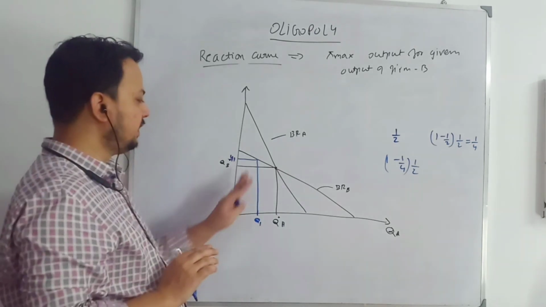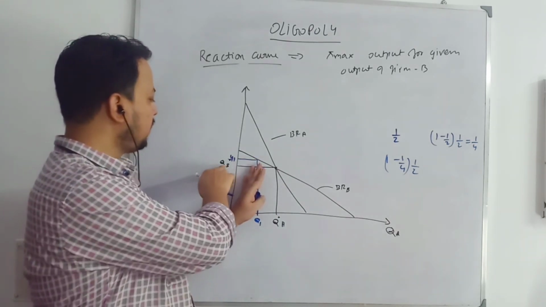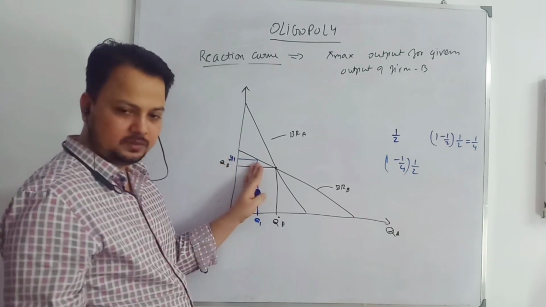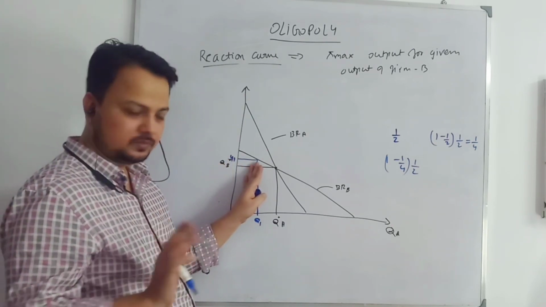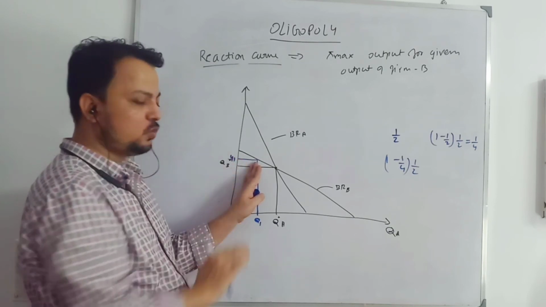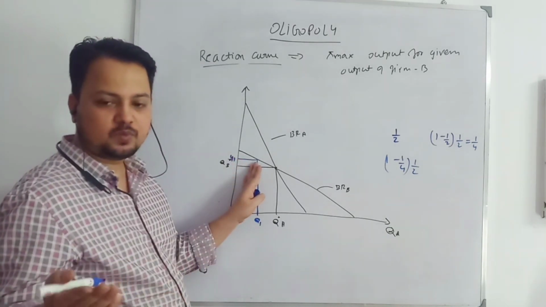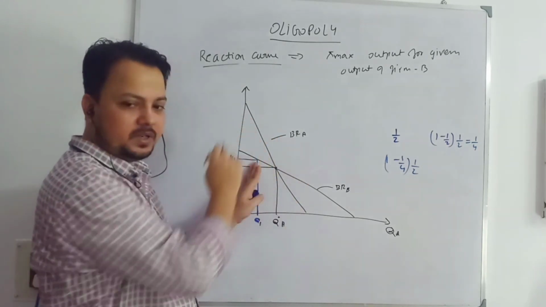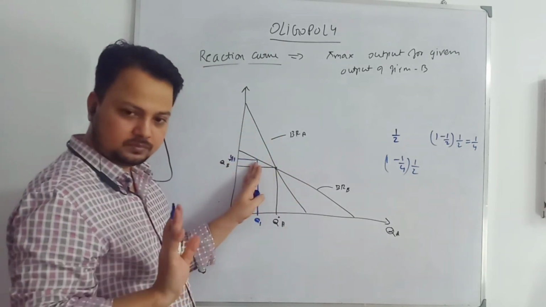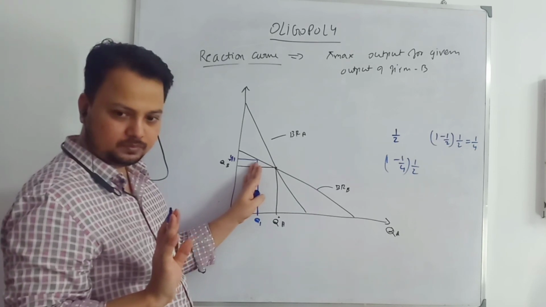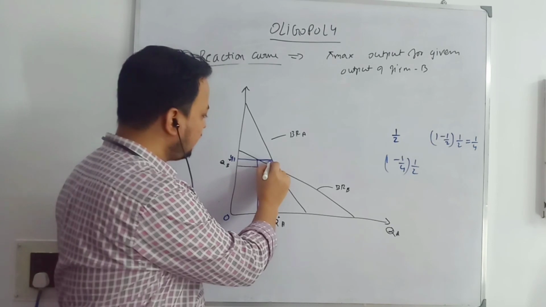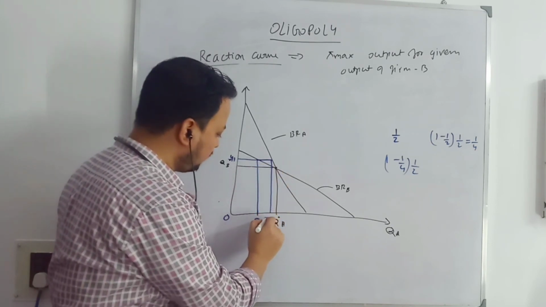Or you can look at it in this way. Suppose firm B decides to produce Y1 output. If firm B decides to produce Y1 output, what will be the best response for firm A? I will know through the best response curve of firm A. So firm A in the next period will respond by producing higher output, say Q2.